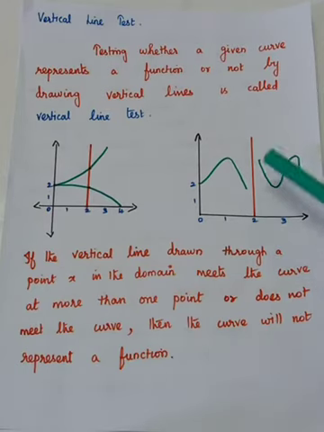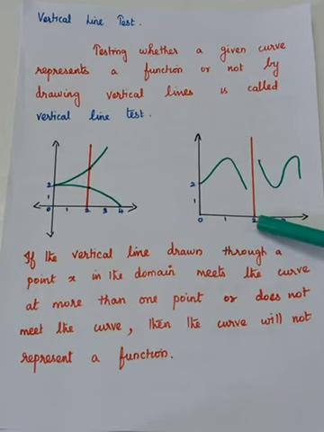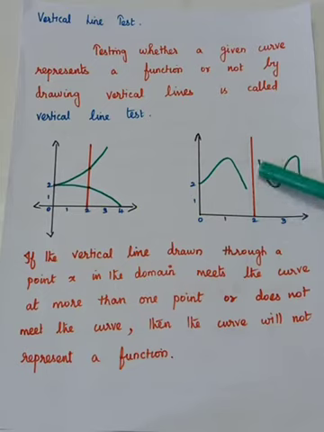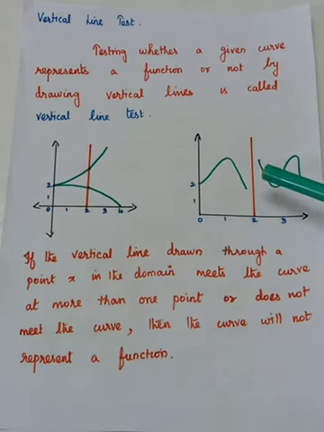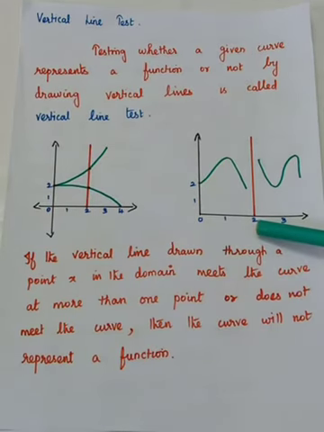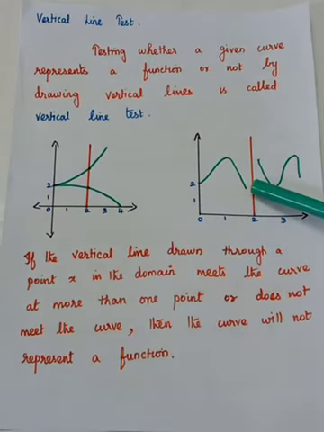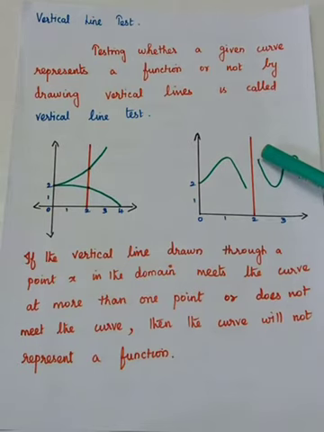Coming to this graph, in the same way, the orange vertical line is drawn through the point at x equal to 2. This vertical line does not meet the curve at all. That means for x equal to 2, we don't have any image.